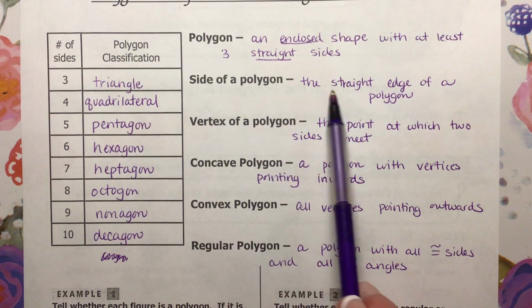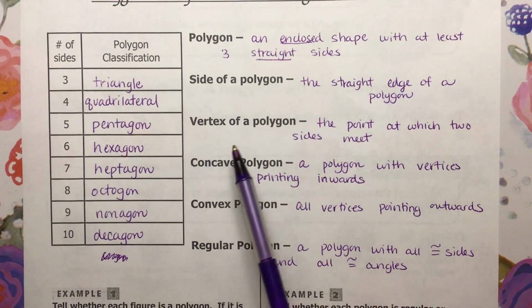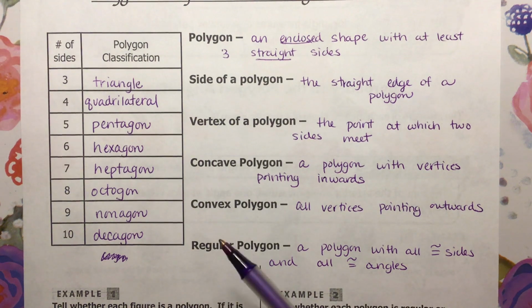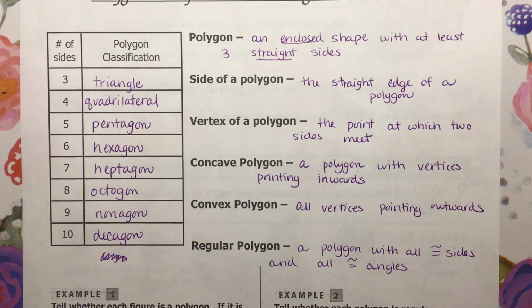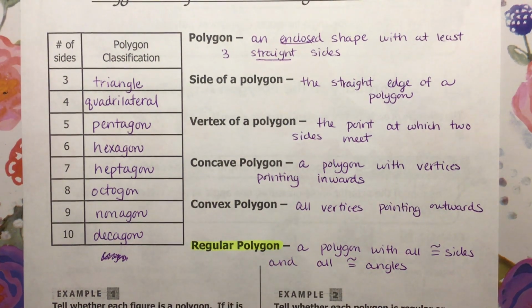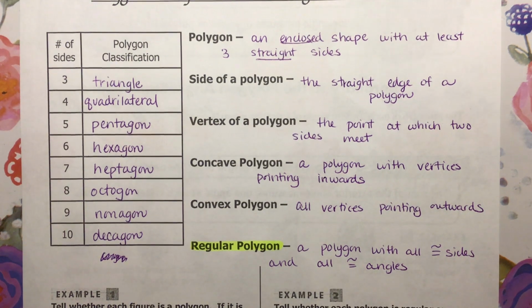The side of a polygon is the straight edge, while the vertex is kind of like the corners or the points of it. Concave is going to kind of jut inward, while convex, everything is pointing outward. And a regular polygon is going to have all congruent sides and angles. I'm going to tell you right now, regular polygon is something we're going to use a lot. We're going to use that definition plenty, so that's exceptionally important of all those words.